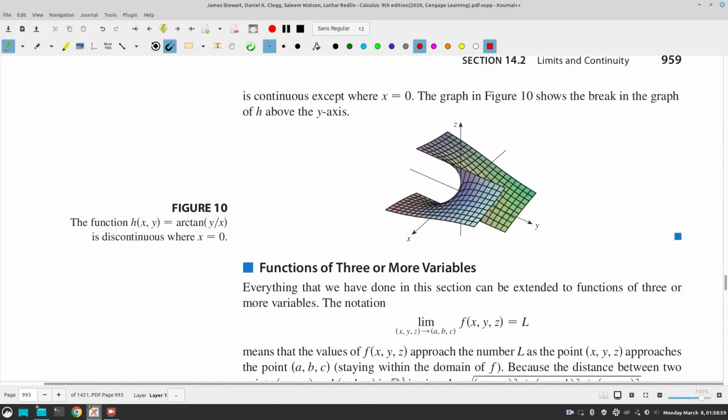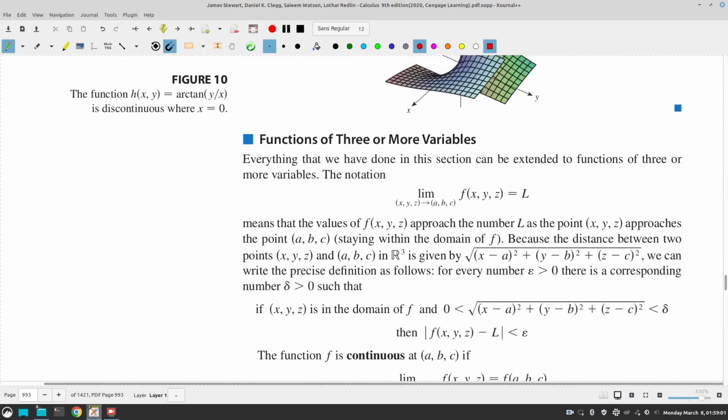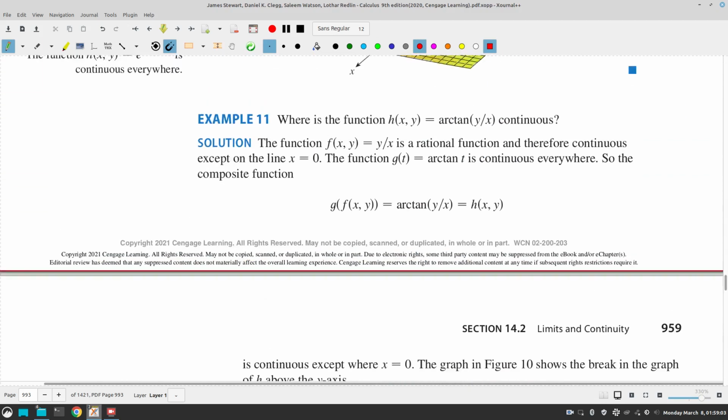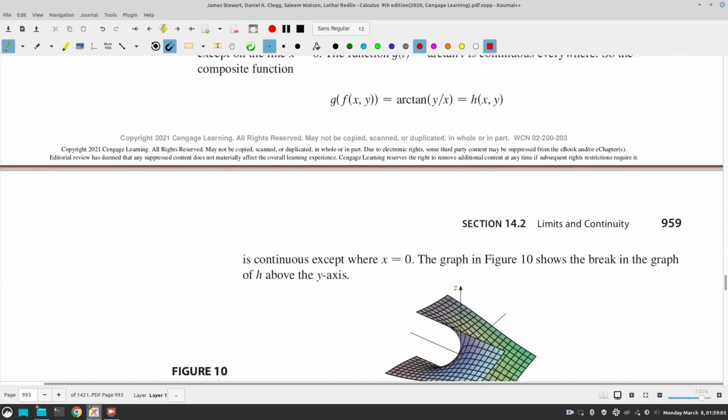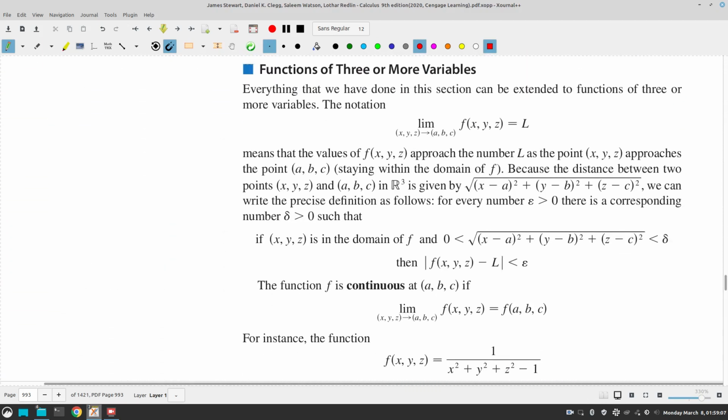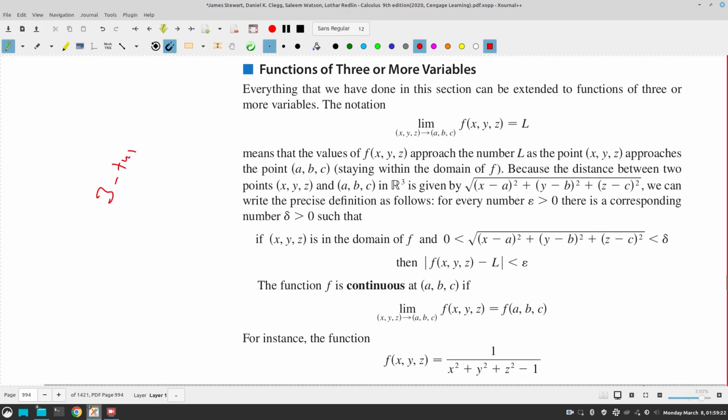So similarly, everything we've covered in this section can be applied to functions of 3 or more variables. How do we define a function of 3 or more variables? It takes ordered 3-tuples (x, y, z).